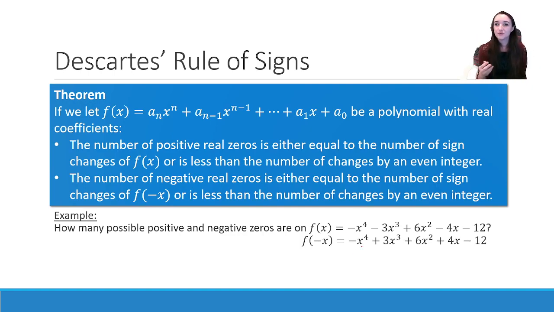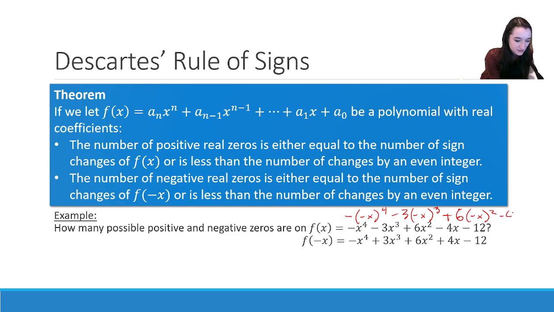Hopefully you remember that pattern from dealing with odd and even functions. So here when I plug in negative x, it is negative x to the fourth minus 3 times negative x cubed, plus 6 times negative x squared, minus 4 times negative x, minus 12. That is really what f of negative x is.